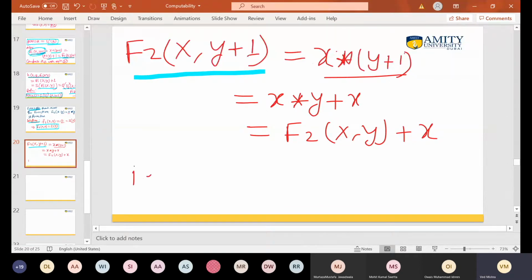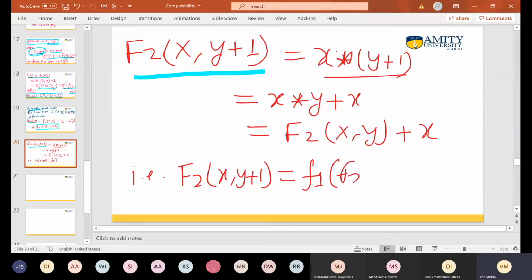So that is f2 x y plus 1 equal to f1 f2, can you write this?